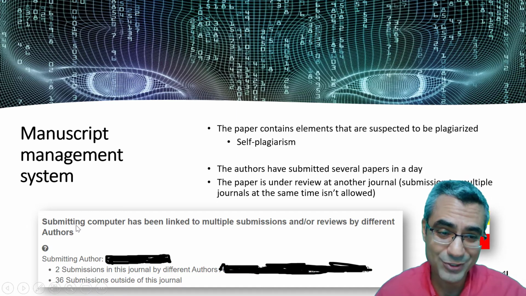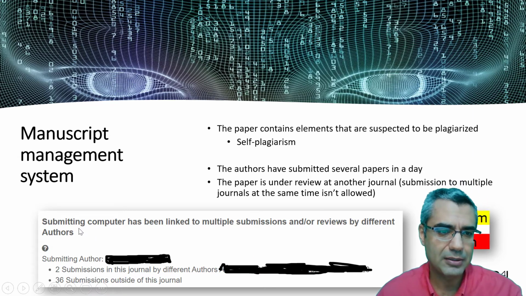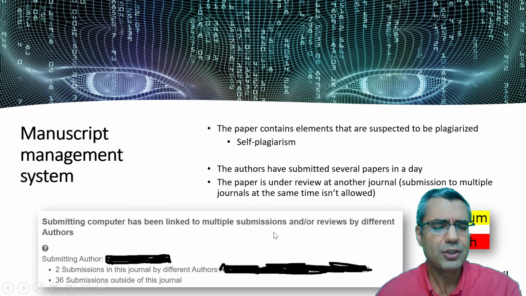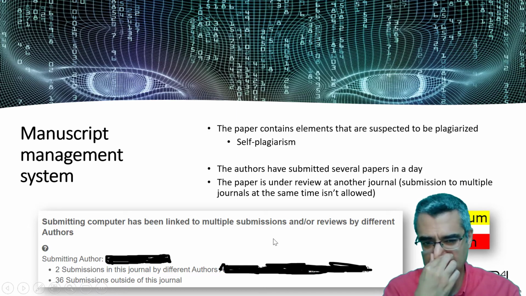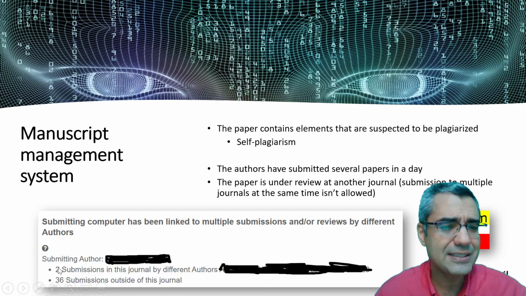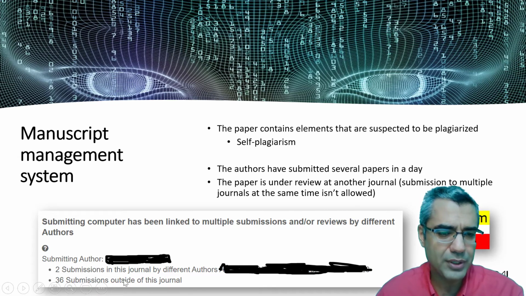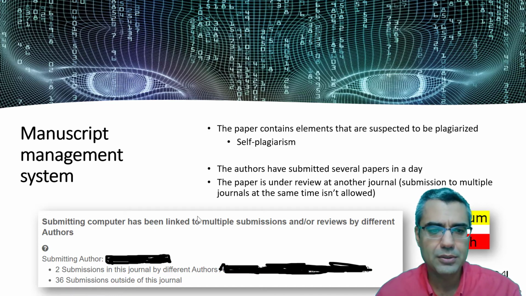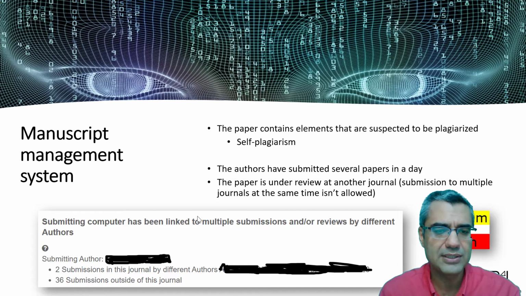This is really interesting, and it is exactly copy-pasted from Manuscript Central: submitting computer has been linked to multiple submissions. This happens when, for example, there are 38 submissions from the same computer. So the same laptop has been used to submit 38 papers to different journals, maybe 2 to the same journal and 36 to other journals.